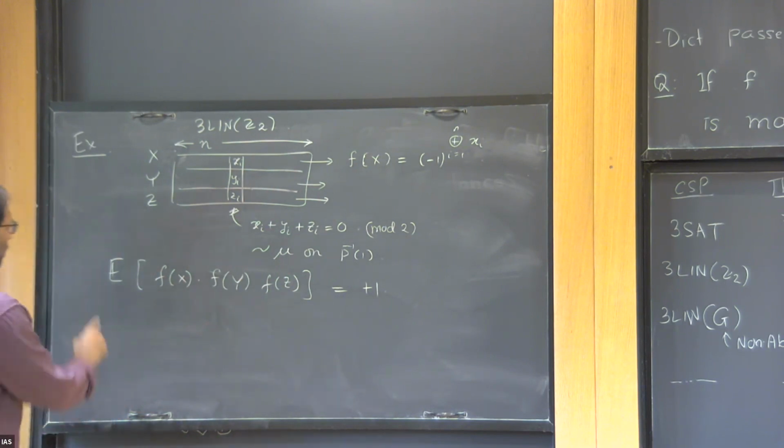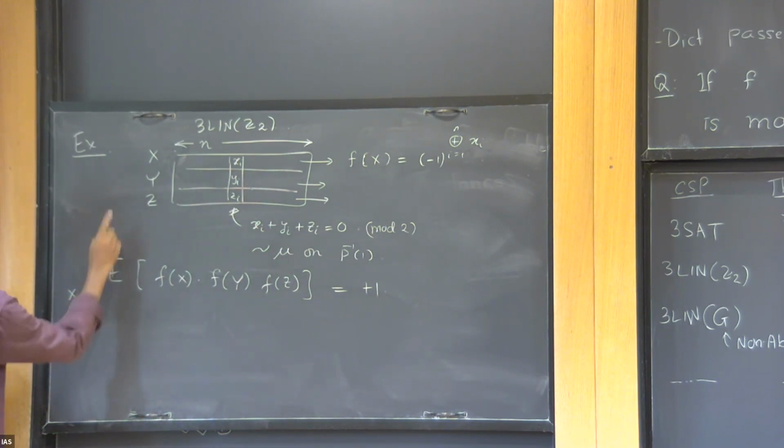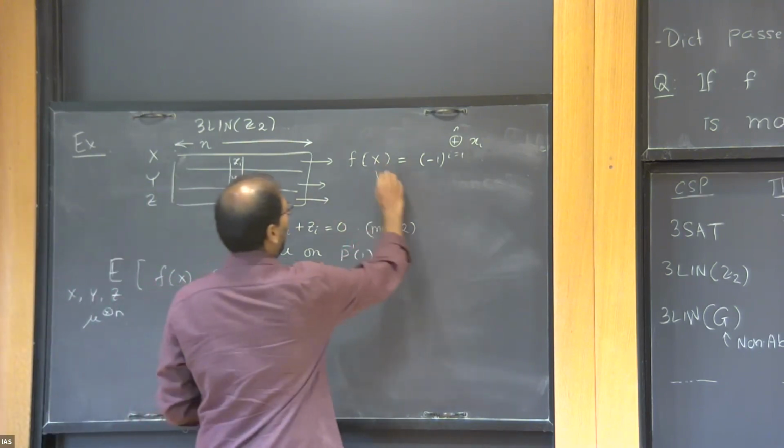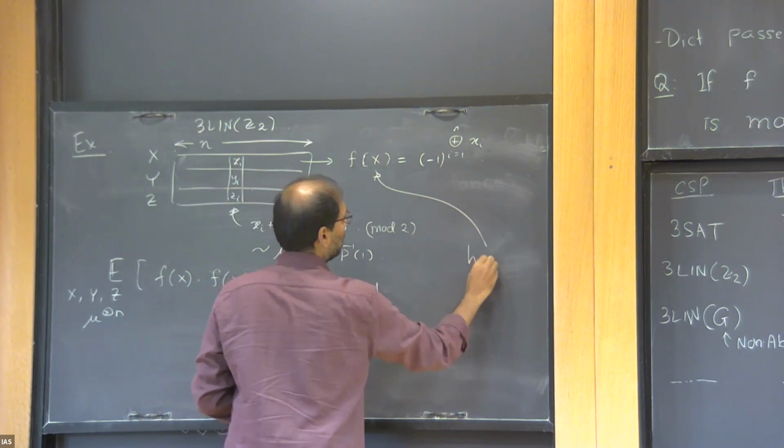This expectation, to be precise, is over the 3 rows x, y, z, which are picked such that each column is drawn according to the underlying distribution mu on the predicate.